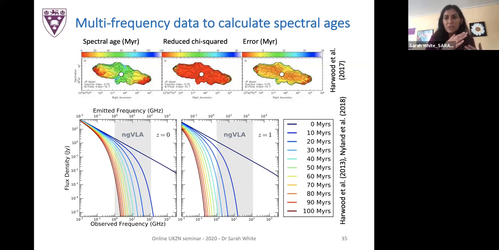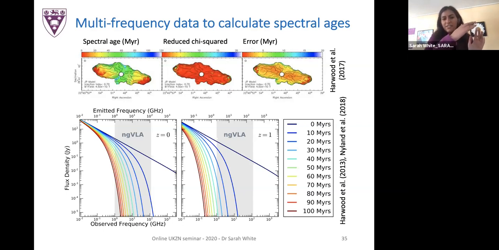representing new or a continual injection of electrons. But over time, if there isn't that continuous injection of electrons, those higher energy photons become depleted. So we have energy losses through synchrotron radiation or inverse Compton scattering or simple adiabatic expansion.